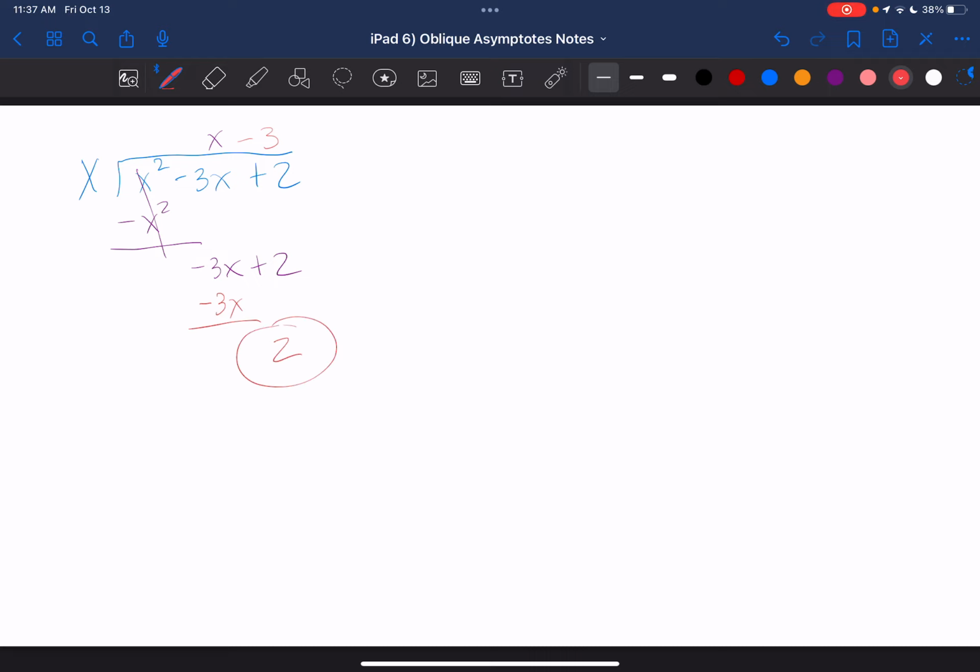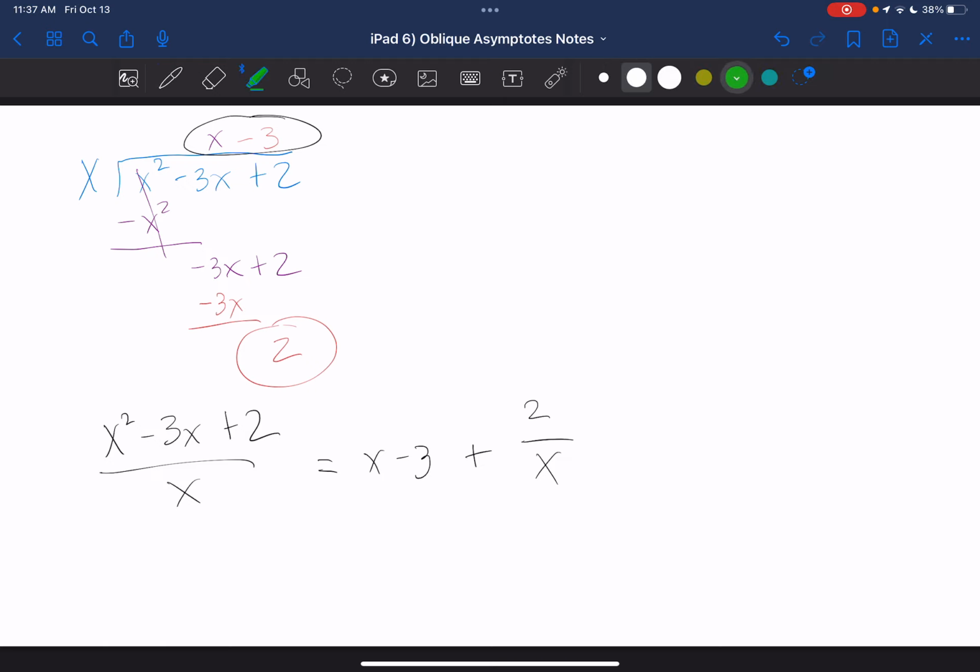So there's my remainder. What that means is that x squared minus 3x plus 2 divided by x can be equivalently written as x minus 3 plus the remainder over what you divided by, right? So this goes right there, your remainder goes right there, and your quotient goes right there.